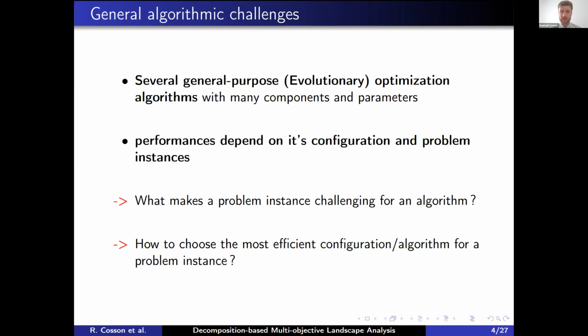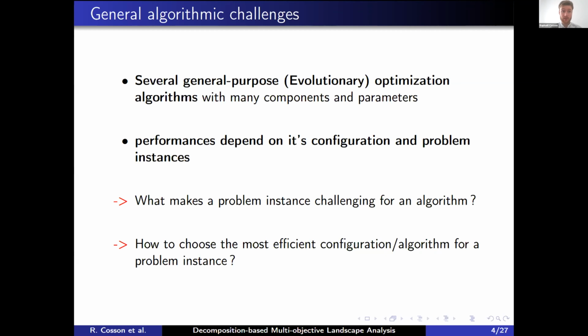Instead, given a problem instance, we can find one algorithm or one configuration of an algorithm which will perform better than the others. So we can ask two questions. What makes a problem instance challenging for an algorithm? And how do we choose the most efficient algorithm for a problem instance?